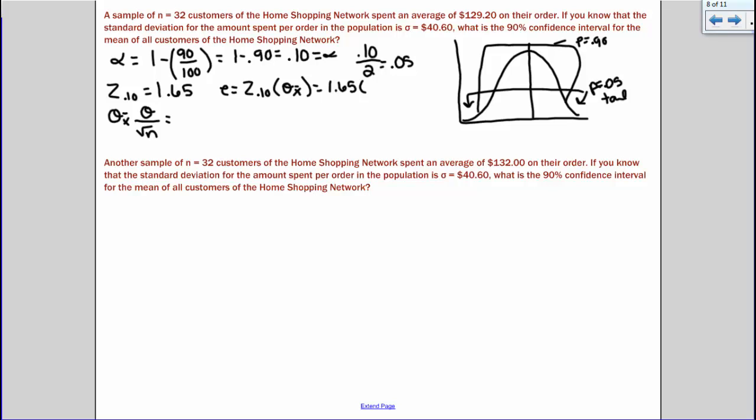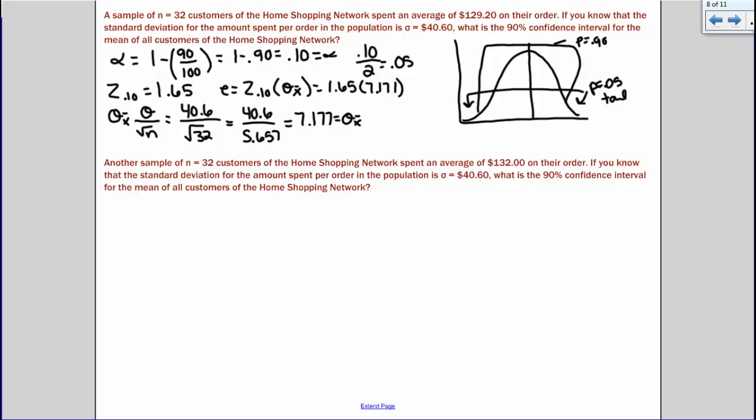The standard deviation is 40.6. The sample size is 32. So this becomes 40.6 over the square root of 32, which is 5.657, and I end up with a standard error of 7.177. So I plug that in here.